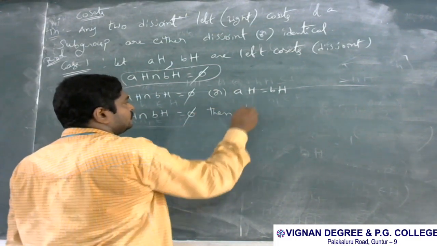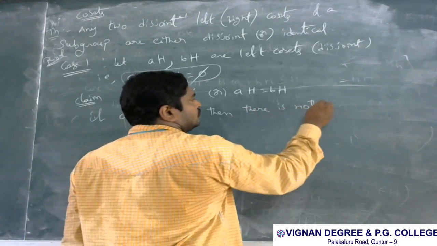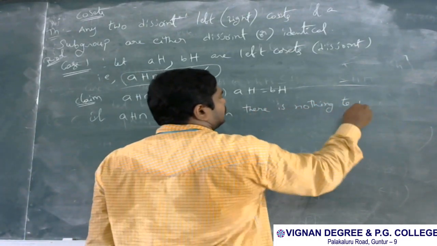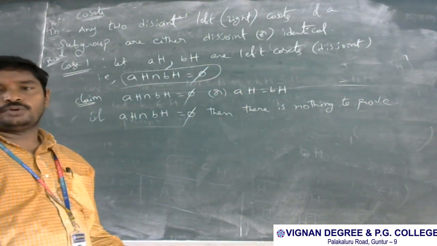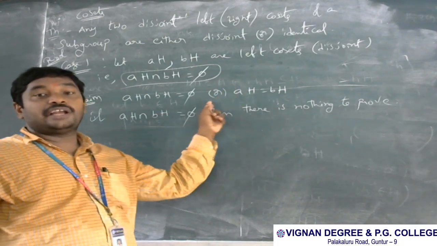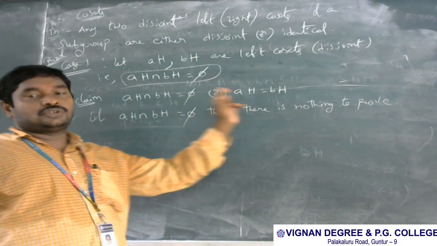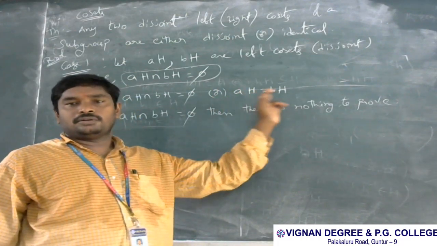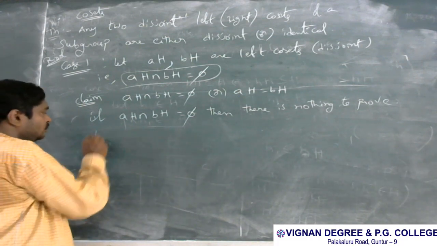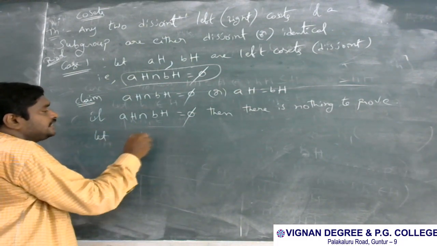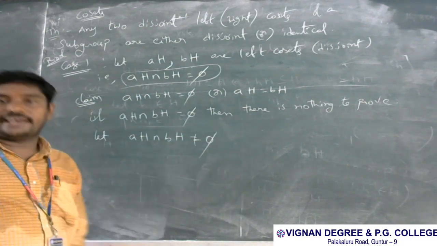Then there is nothing to prove, because we have to prove only one. So if you prove this, there is no need to prove the other. That's why we are taking: let AH intersection BH be not equal to phi.